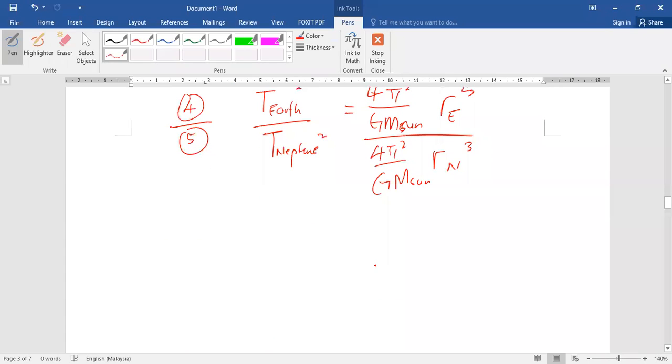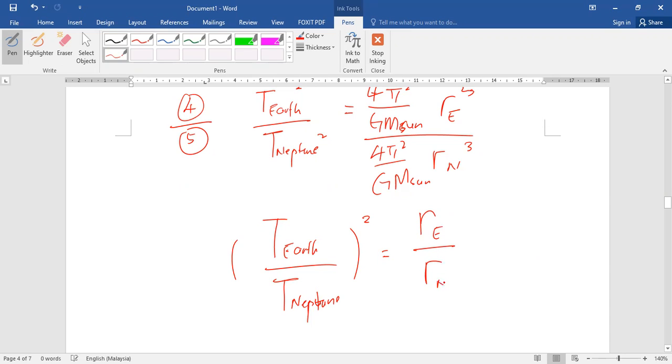At the end we get that T Earth over T Neptune, to the power 2, will be equal to R E over R N cubed.